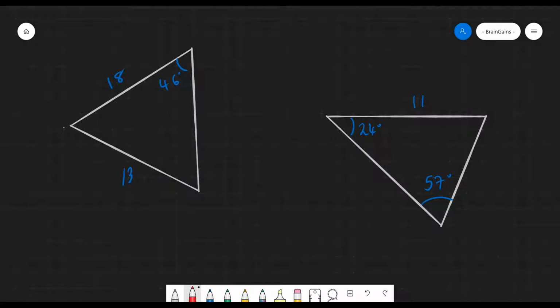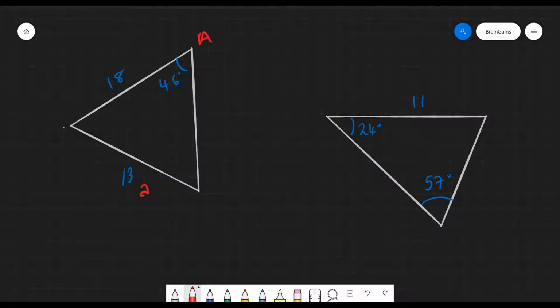Here we have two triangles. Let's see if we are able to use the sine rule in either of these triangles. If we take a look at the first one, we have an angle 46 degrees, so let's call that angle A. Now, if that is angle A, 13 must be side A, because that's its corresponding side. Because we have an angle and its corresponding side, that is the first condition ticked off.